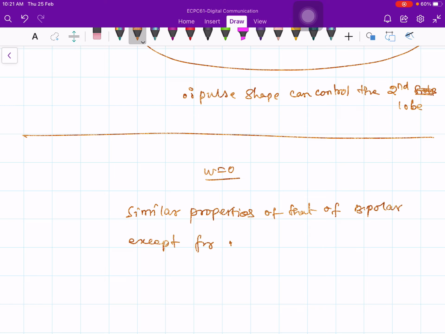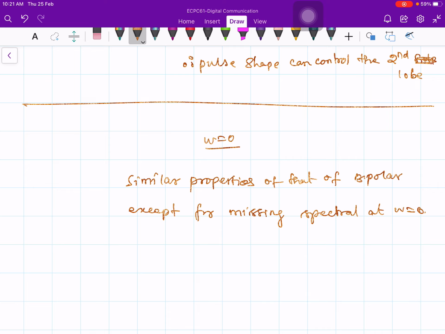Like bipolar, we have a 3 dB disadvantage with respect to what? We have a 3 dB disadvantage with respect to the polar scheme. For the same performance, either the bipolar or duobinary scheme requires 3 dB more power than the polar scheme.